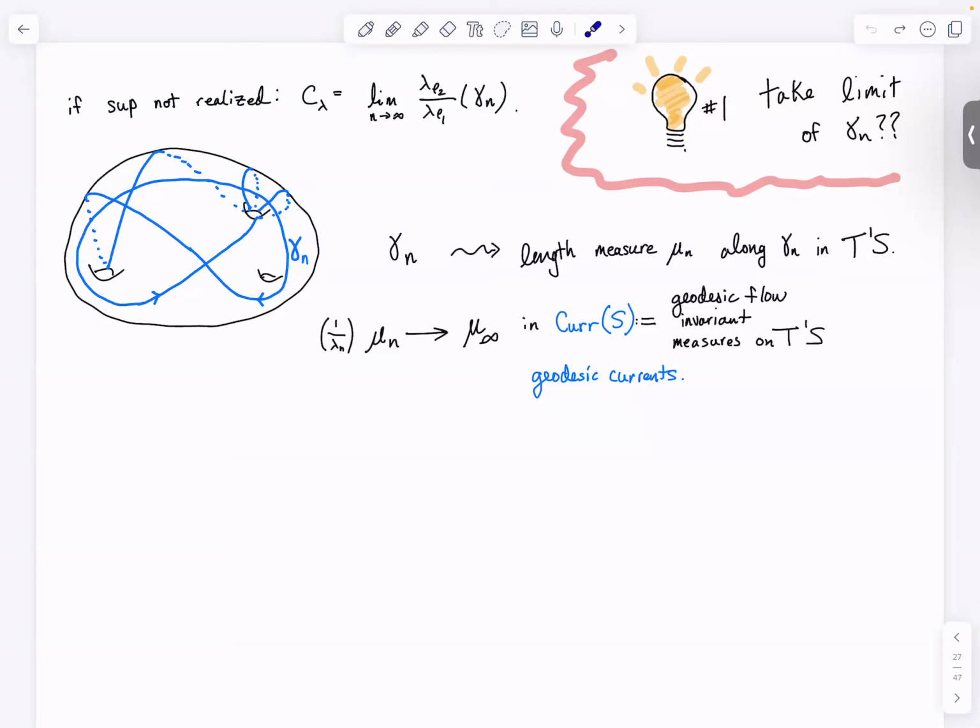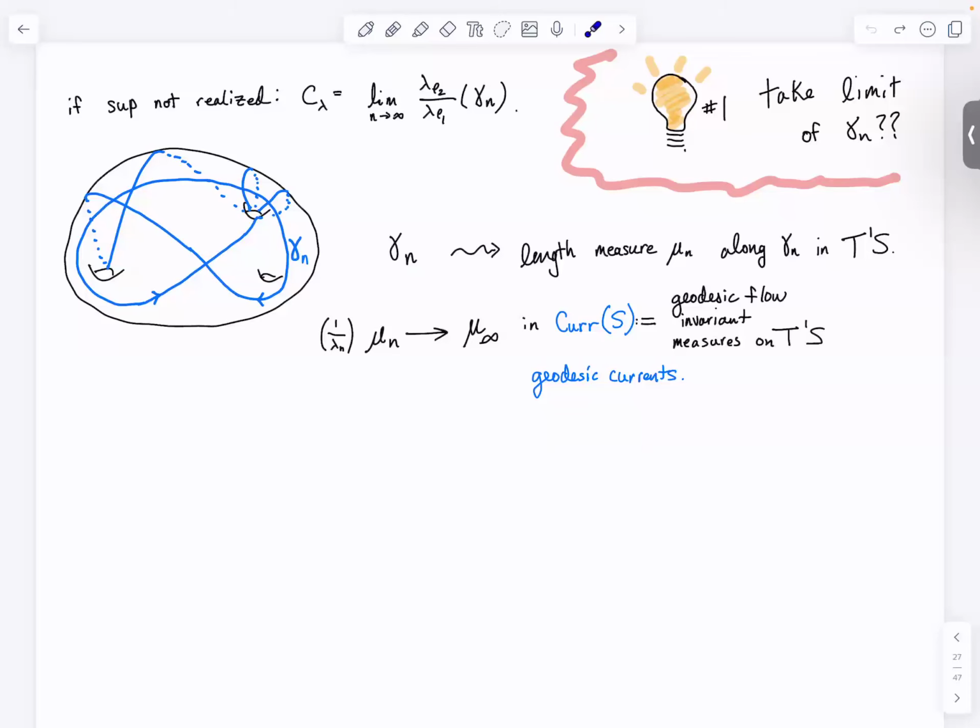Maybe not a single closed orbit, but some subset which is invariant under the geodesic flow. So generally, a geodesic current is a geodesic flow invariant measure on the unit tangent bundle. That's actually the appropriate space to take limits of closed geodesics. Who's seen geodesic currents before?